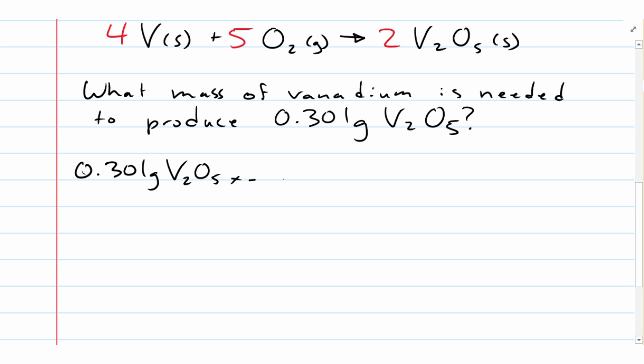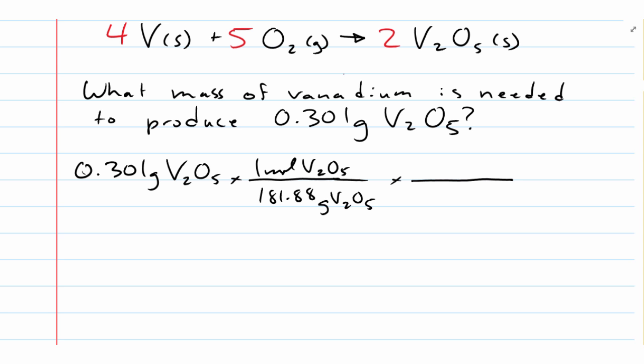V2O5. 1 mole of V2O5 for every 181.88 grams of V2O5. Then we need the molar ratio, which would be 4 moles of V for every 2 moles of V2O5.